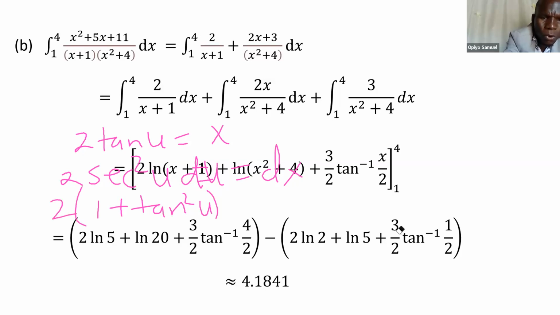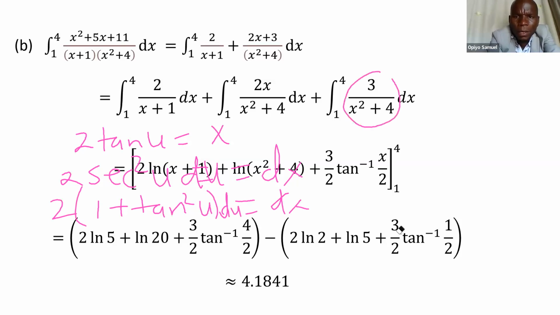So it means 2 times this equals the x, this one, the u. If we change the variable and put back here, we shall now get this 3 as the constant up here. And when we make x the subject, in terms of u, then the 2 comes down here.